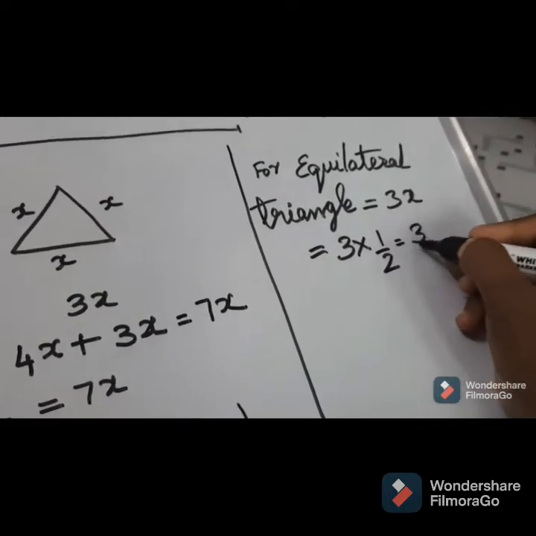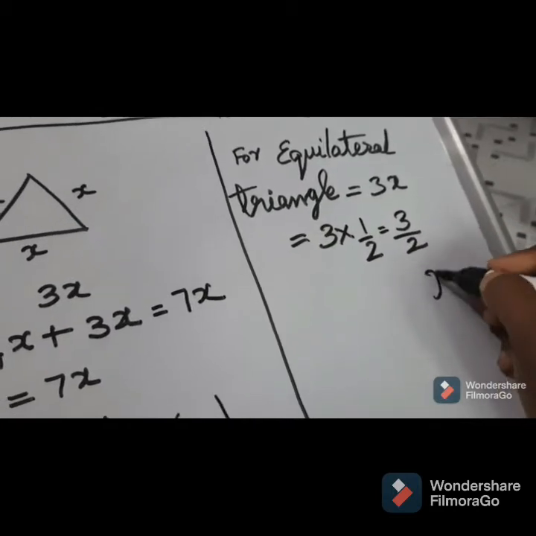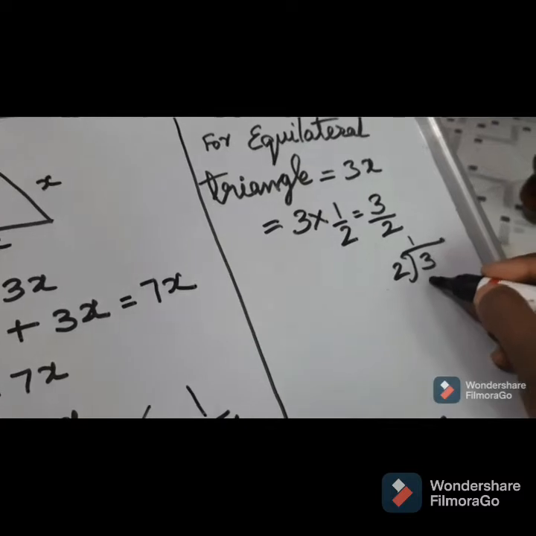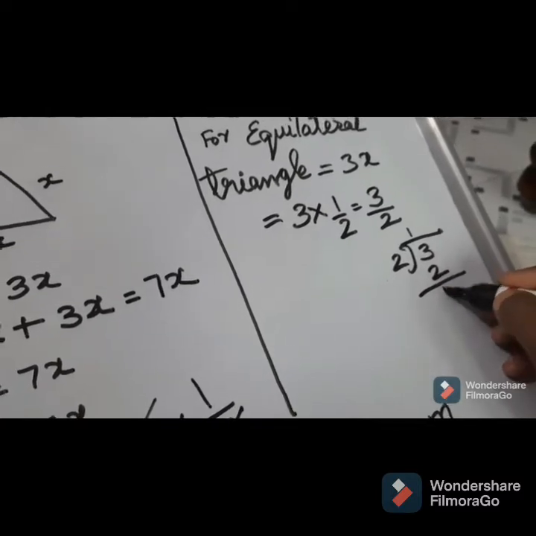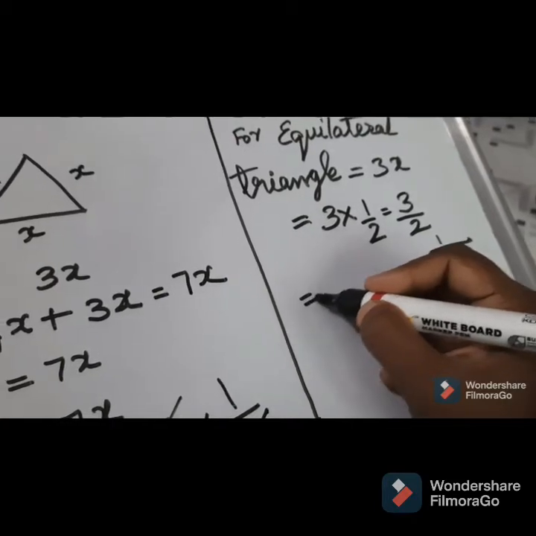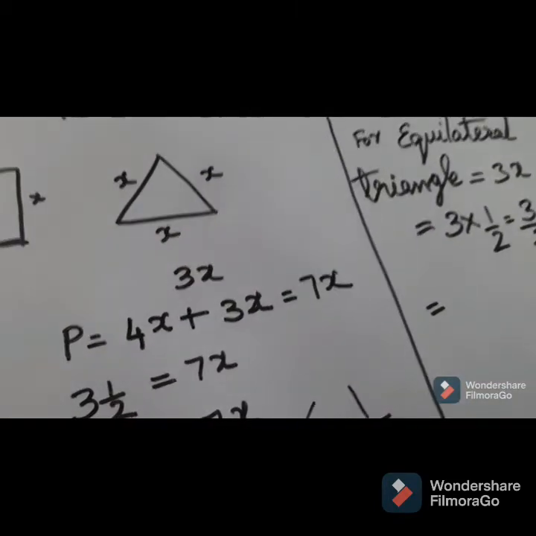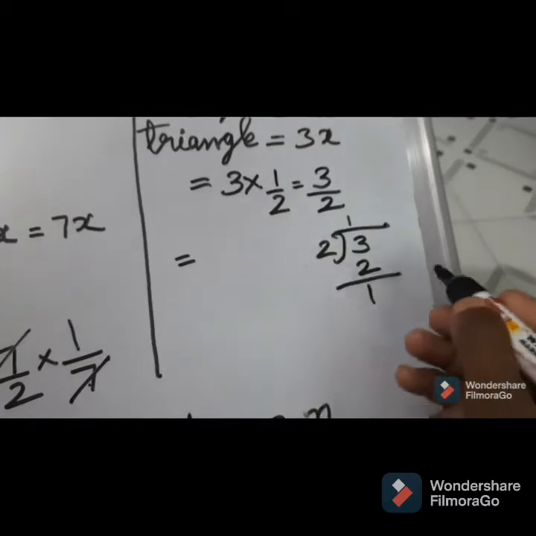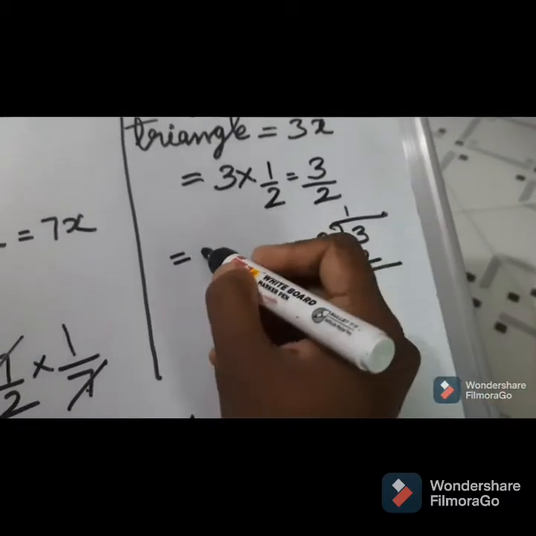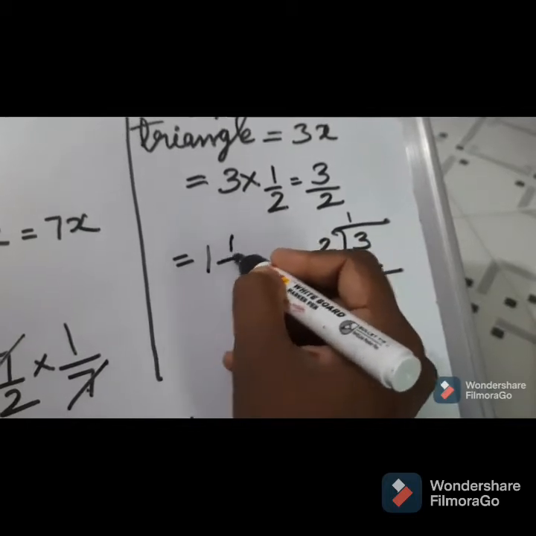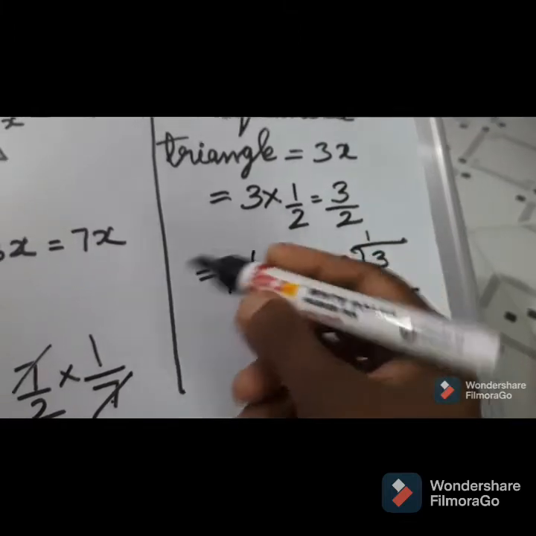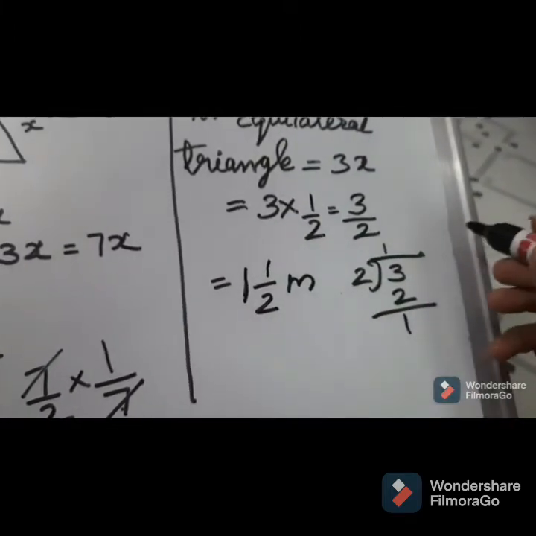That is 3 by 2. We can write it as a mixed number. 3 by 2, that is 1 time 2, that is balance 1. So we will get the answer, and the quotient is 1. So we can write 1 upon 2. That is 1.5 meter for making the equilateral triangle.